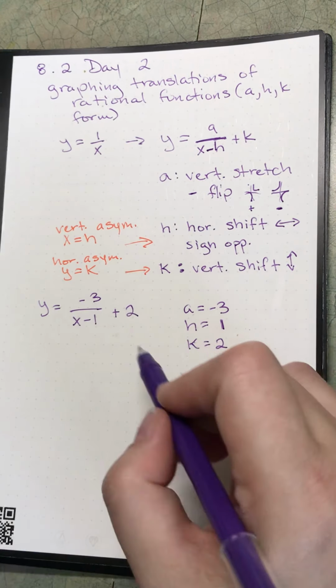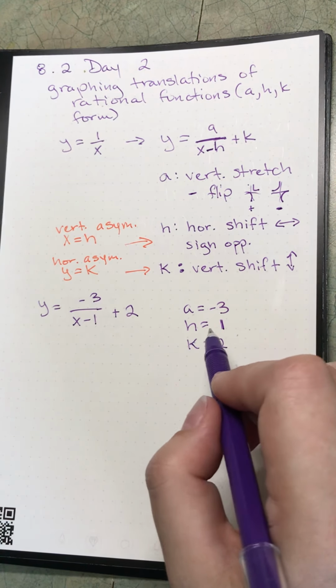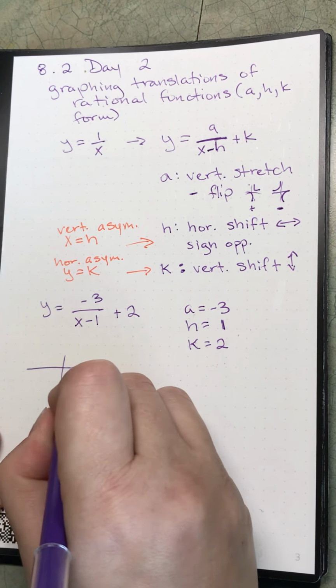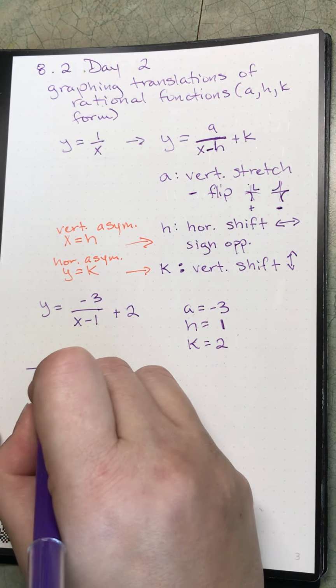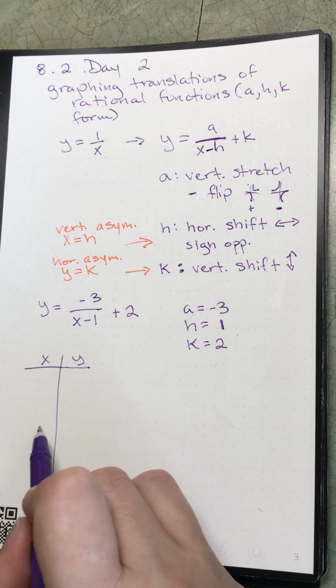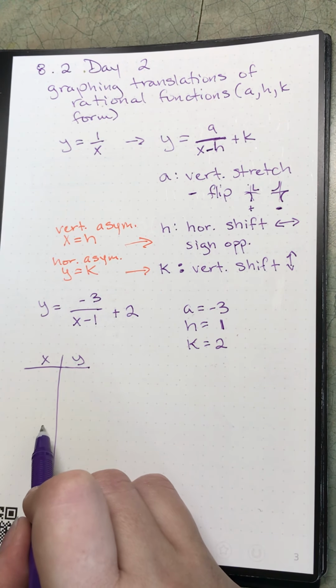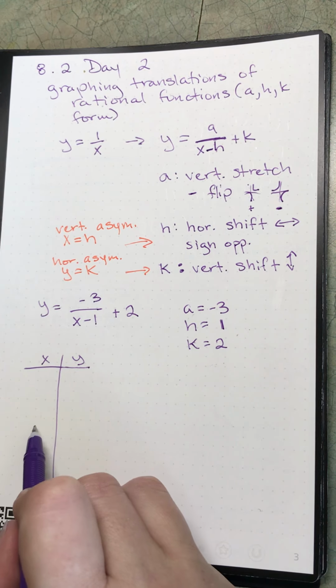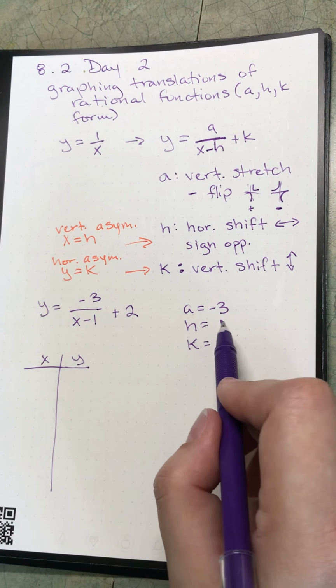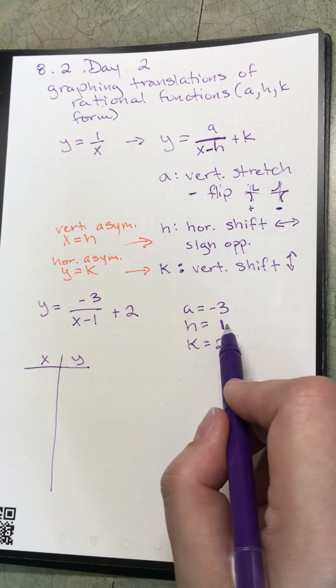So if we just think about the asymptote, x and y. Before, I started my table with 0 in the middle, because that was where my vertical asymptote was. Now my vertical asymptote is at 1 because it goes with your h value.